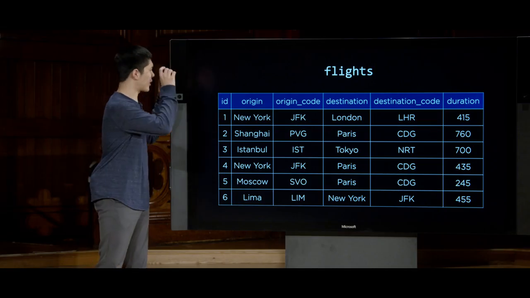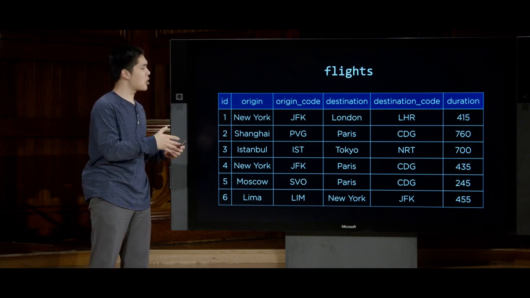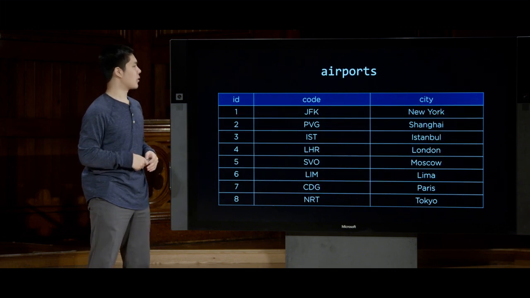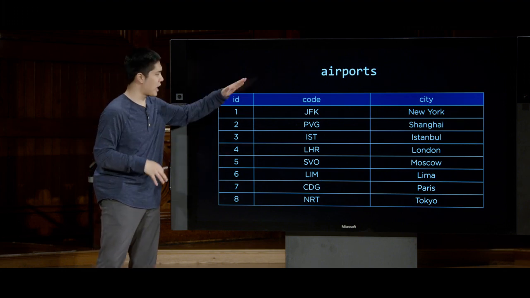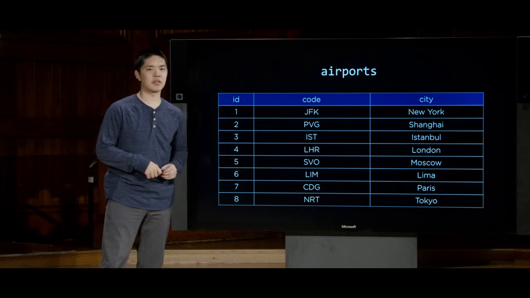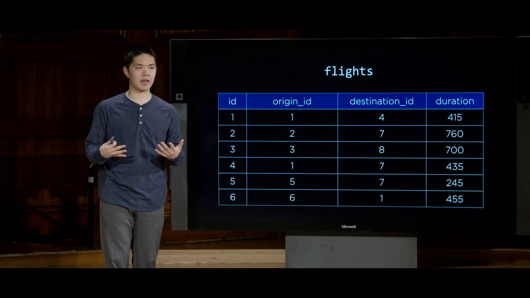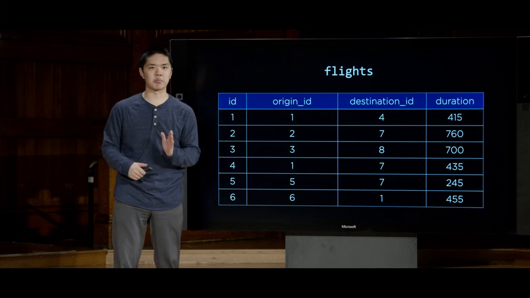And we decided that storing all of this data in a single table probably wasn't the best idea, and instead, we wanted to split that data up in a type of partitioning, where instead we said, all right, let's just have one table that will have all of the airports. And so each airport gets its own row inside of this airports table. And we also had another table, which was just the flights table, which rather than storing all of those columns, just mapped two airports to each other.